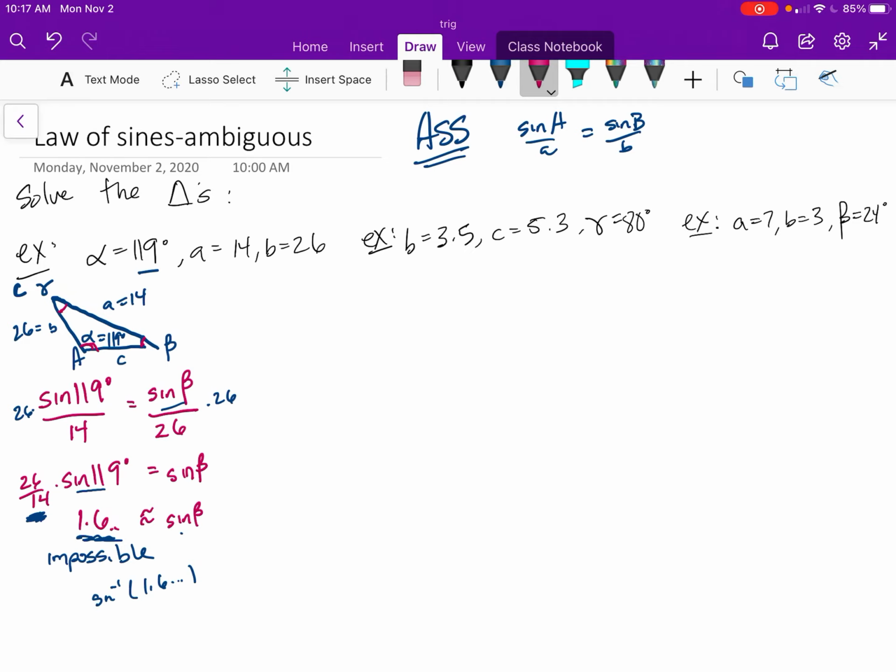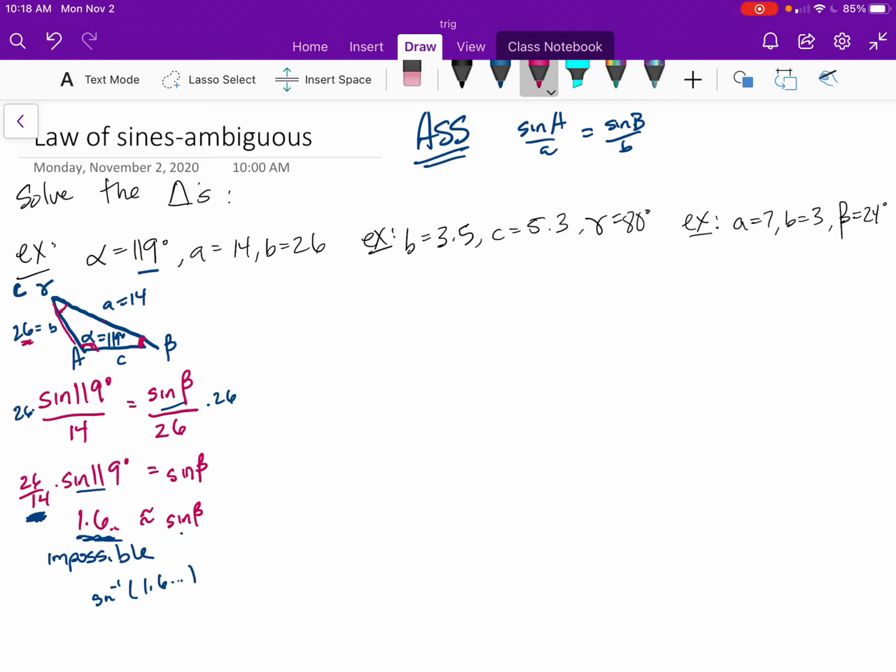So I know they're relatively small angles. It's impossible that such a small angle for beta would have a larger side of 26 than the side opposite the obtuse angle. In a triangle, the largest angle has the largest side across from it. The largest angle goes with the largest side, smallest angle, smallest side.